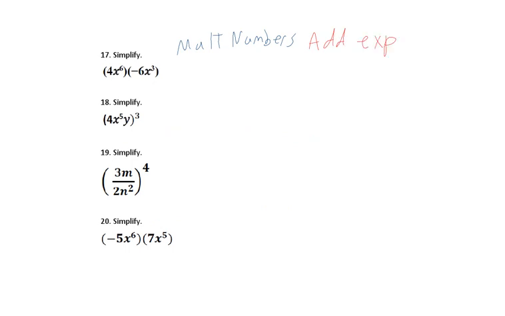Numbers first. So the regular numbers are 4 and negative 6. And 4 times negative 6 is negative 24. Very good. Next, the exponents are 6 and 3. 6 plus 3 is 9. And that's your answer, negative 24 x^9.